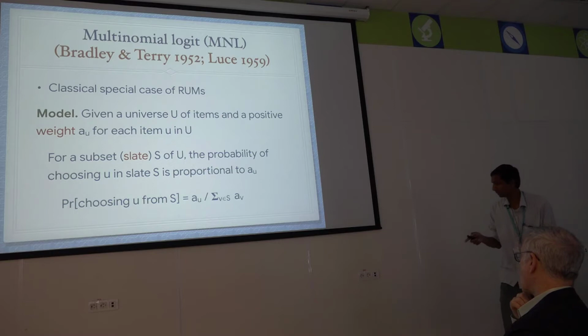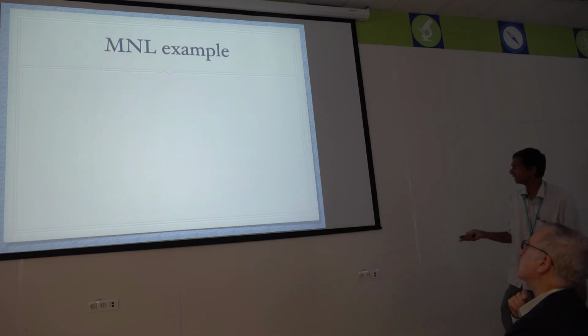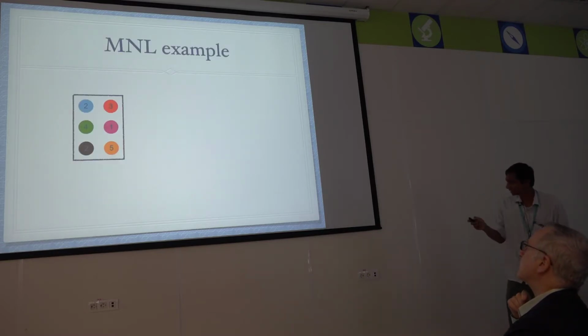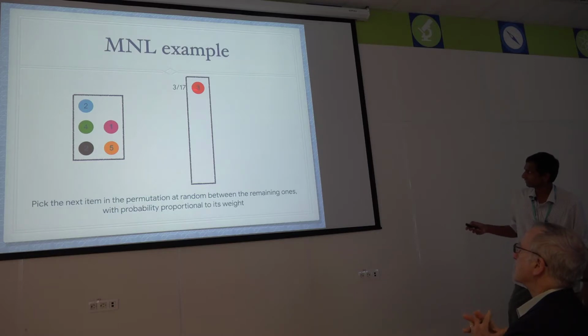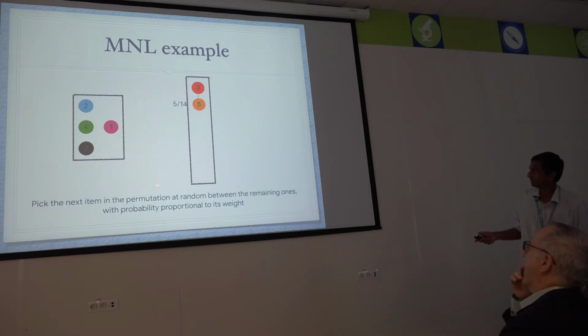This is the MNL model, and here's an example. We have 6 items, and the numbers are the weights, and you want to construct a distribution on permutations from these weights. The sum of the weights is 17, so I pick the first element, the red one, with probability 3 over 17. The remaining sum is 14, so I pick, say, the yellow one with probability 5 over 14, and so on.